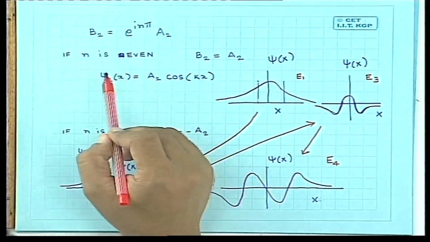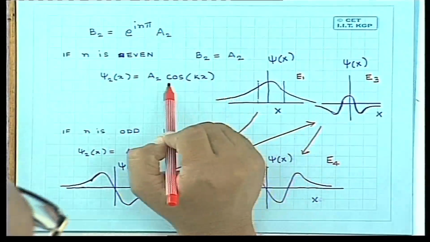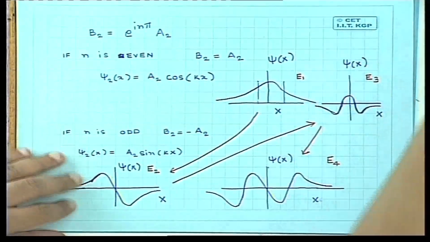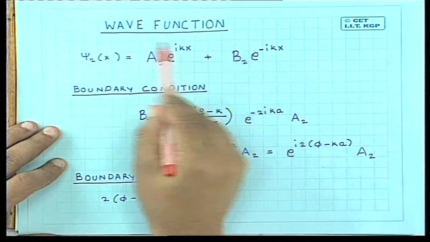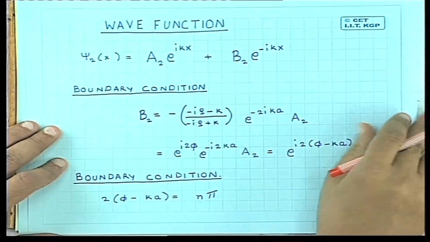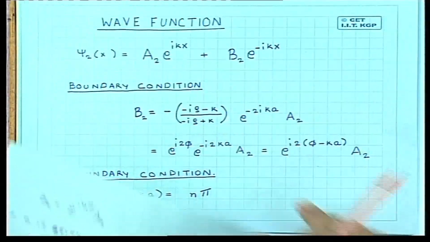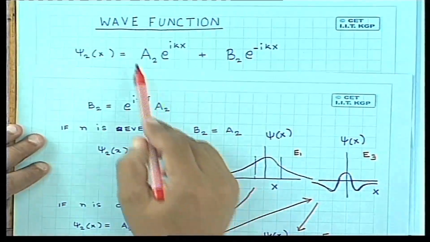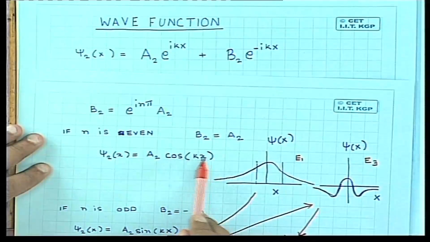When n is even, this just boils down to B2 is equal to A2, and the wave function, this is the wave function over here, this just becomes cos kx. So let me keep the wave function here. If I substitute B2 is equal to A2 in this, what we get is psi 2 x is equal to A2 cos kx.